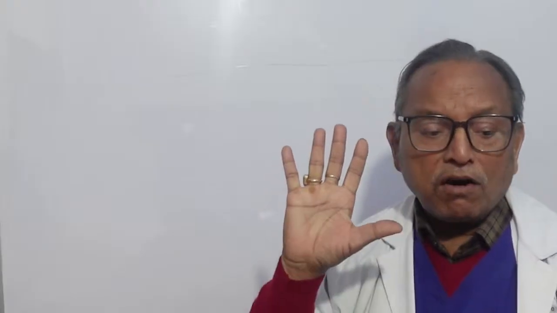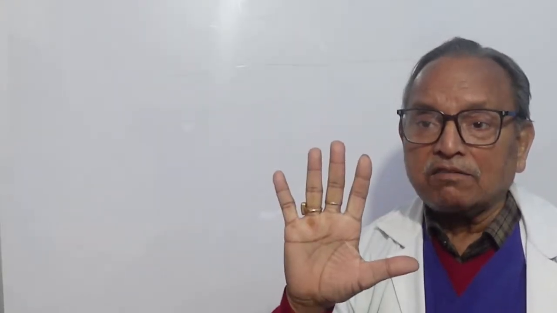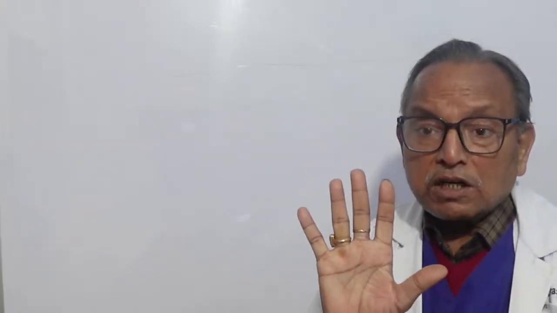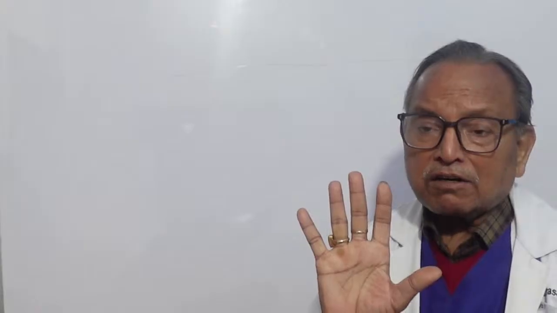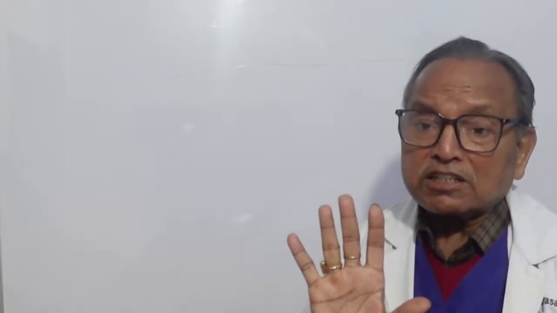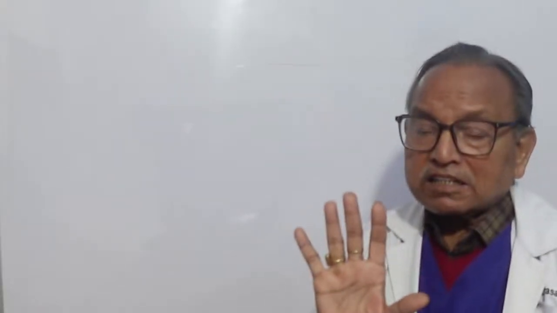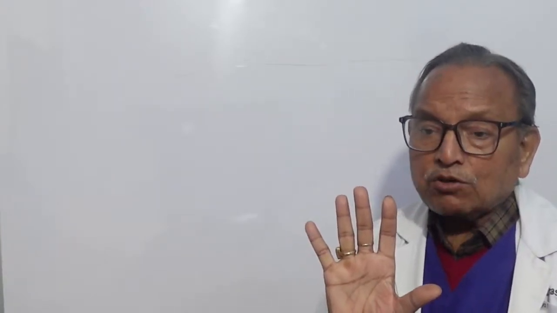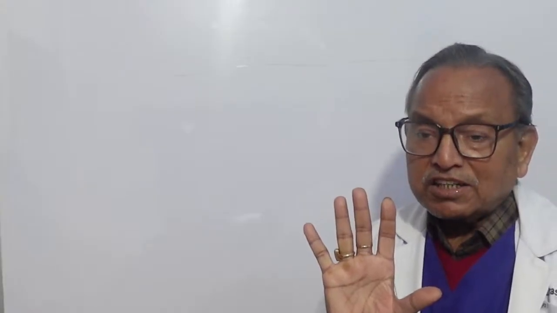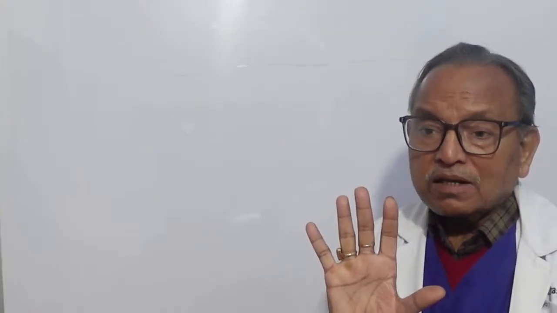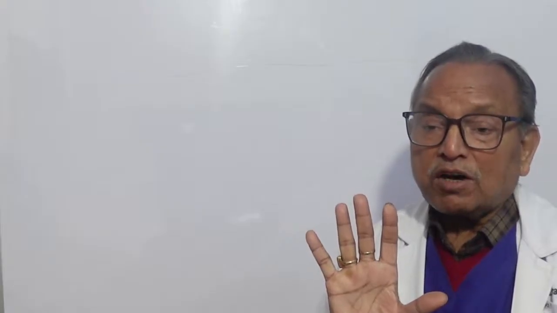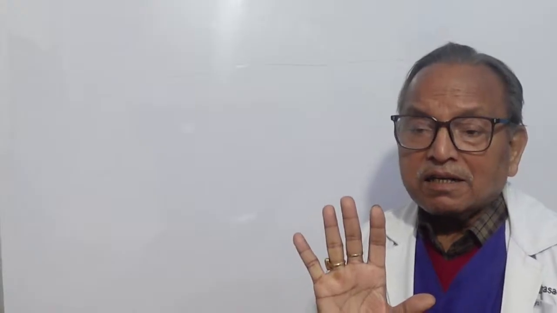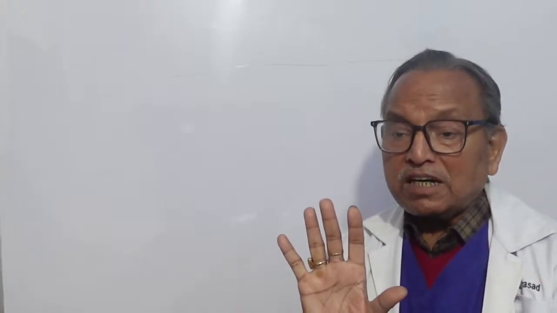It is due to a fall on an outstretched hand. When your hand is outstretched like this, it can lead to a Colles fracture, that is a fracture of the lower end of the radius. It can lead to a fracture of the scaphoid, and a scaphoid fracture can be a dangerous fracture, it can lead to avascular changes, and it can lead to destruction of your wrist joint, and you may require fusion of the joint to relieve pain.